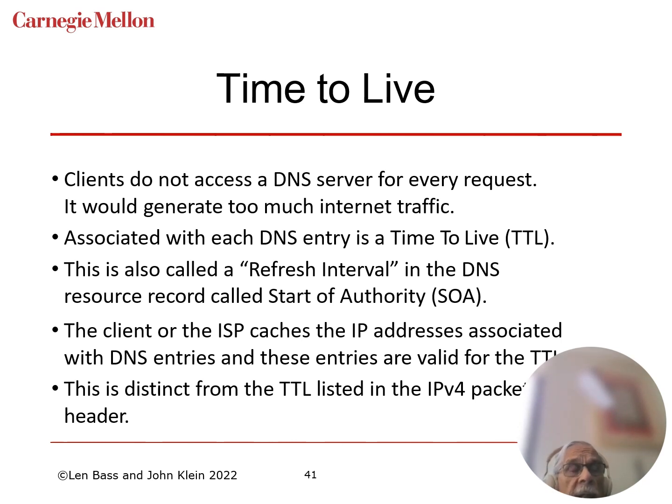So caching is a way of cutting down on the amount of traffic. So the root server caches the .edu server, the .edu server caches the .cmu server, the CMU server caches the address of the .isri, and so on. So there's a lot of caching going on so that they don't have to make internet requests to get that.